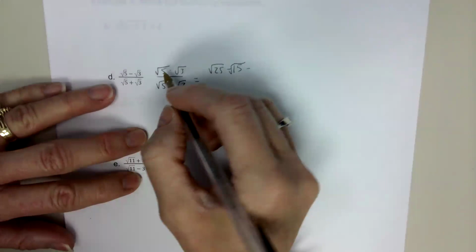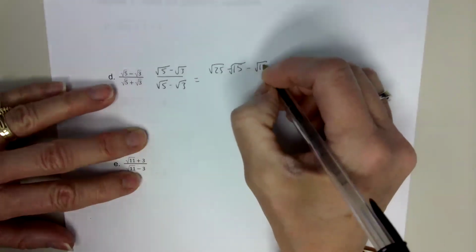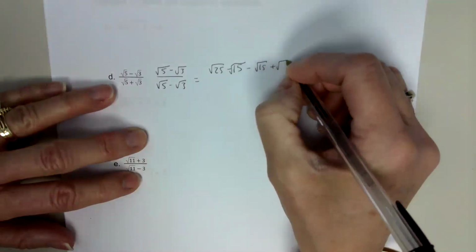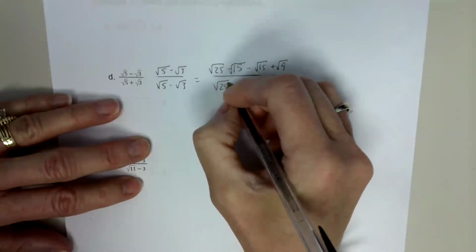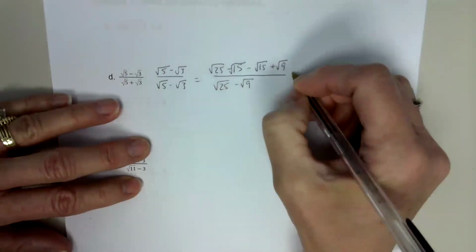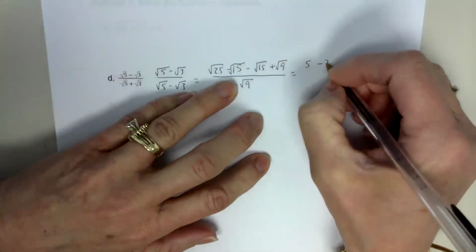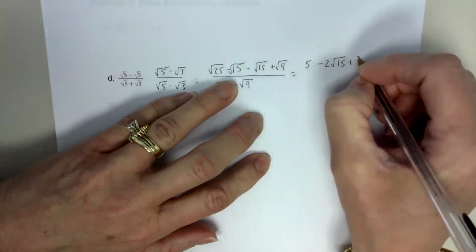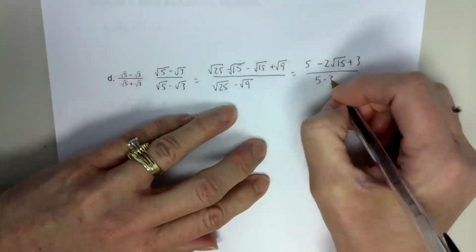And notice on top, they're not conjugates of each other here, so we're going to have like terms that we're going to have to combine in the numerator. Now the bottom is conjugates. So the numerator simplifies to 5 and then minus 2 times that square root of 15 plus 3 all over 5 minus 3.